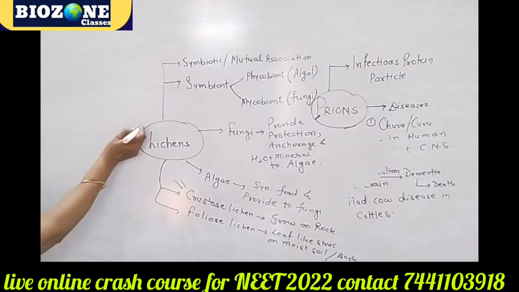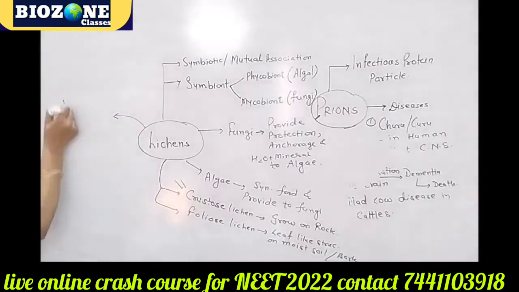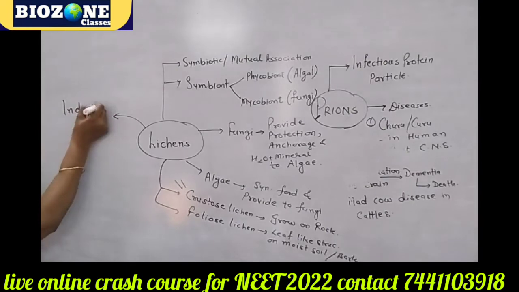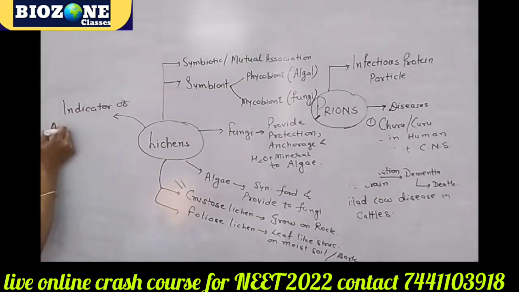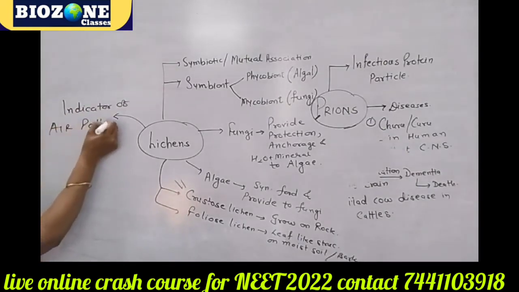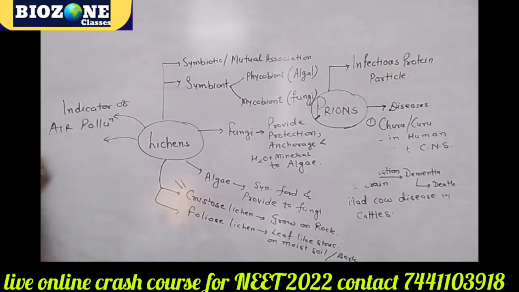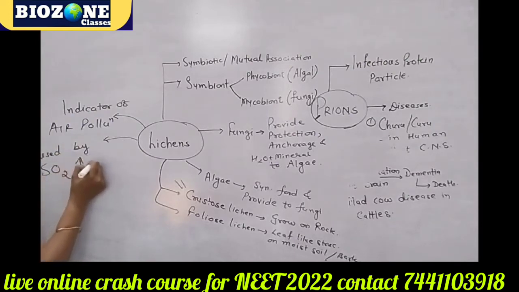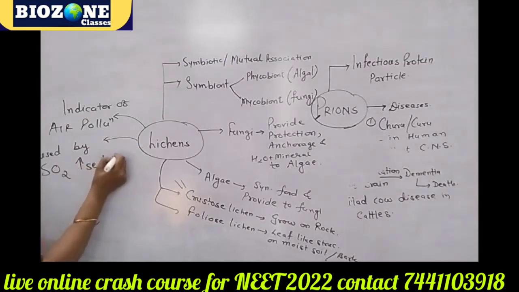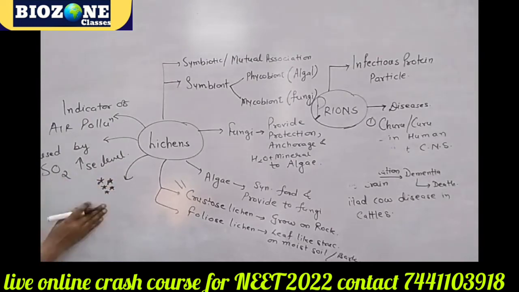Now lichen, most important aspect of lichen is that they are indicators of air pollution. This air pollution is caused by increased level of SO2. And what is the impact? How do we find that the area is affected by SO2 pollution? So in fresh air lichens are present.